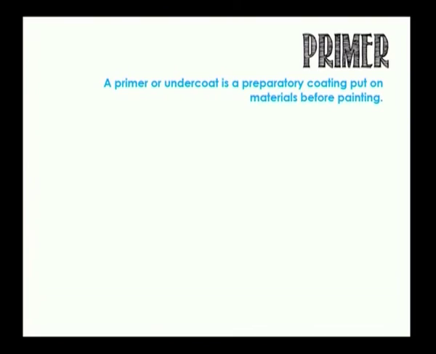Now let us see primer. What is a primer? Primer or undercoat is a preparatory coat to be put on materials before painting. Primer not only prepares the surface to be painted on, it also increases the absorption of the surface so that it absorbs the subsequent coatings properly, and the final painted product has good durability and strength.